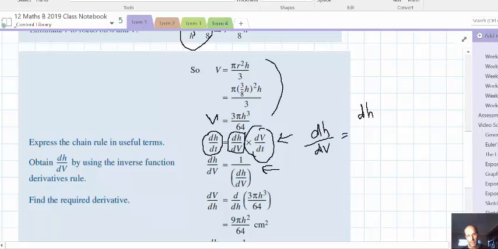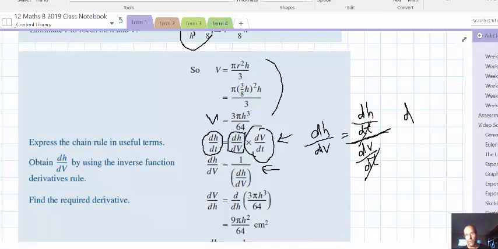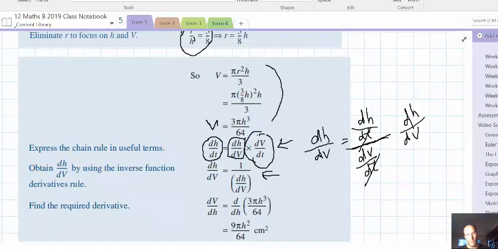Essentially that's like saying dh/dt over dv/dt. So we can cancel the dt's off top and bottom, and we've got dh/dv, so that works.